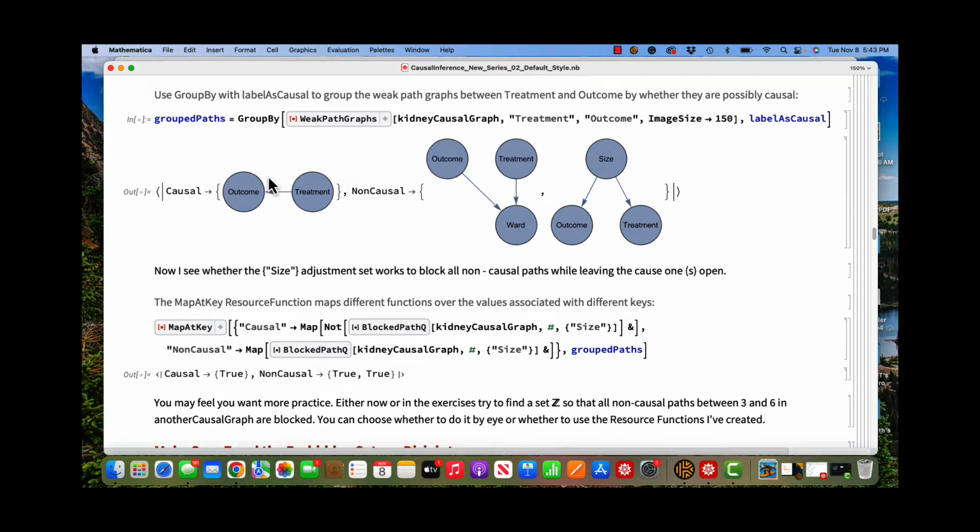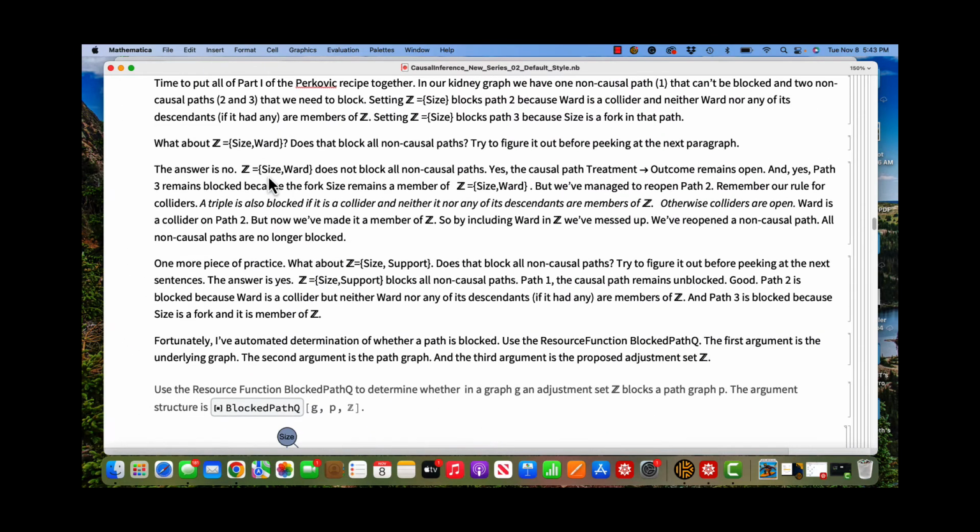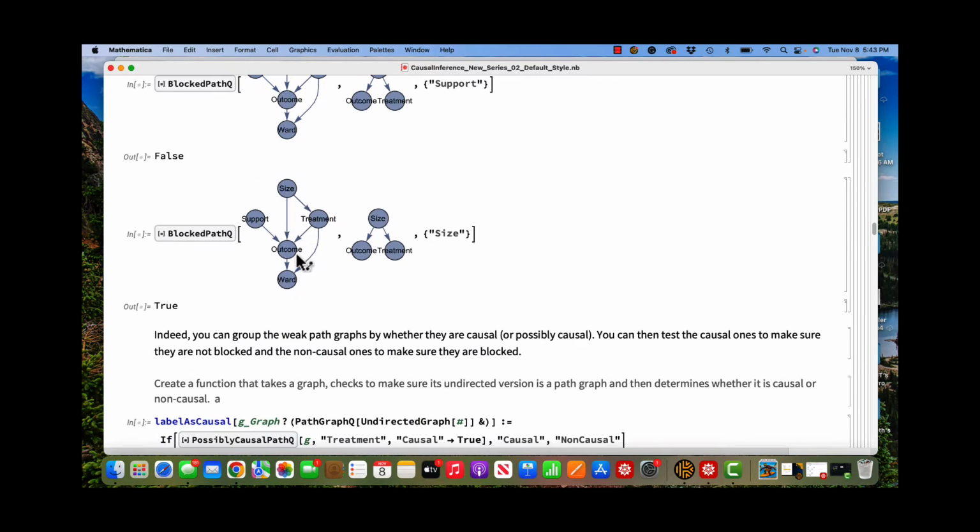But we also don't want to include any descendants of outcome in our regression, like, for example, Ward. So Ward is a member of the forbidden set. And therefore, even if it wasn't a collider, it would still be improper to include it.